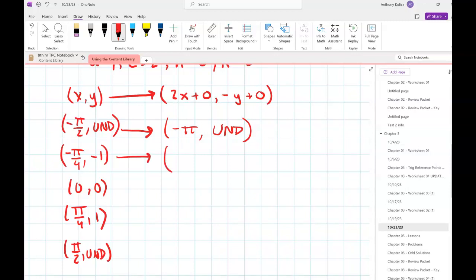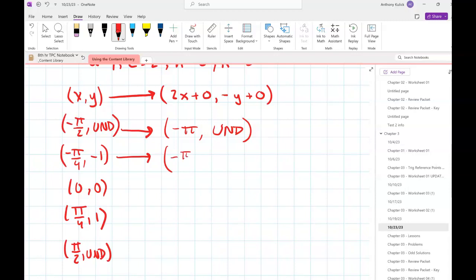So what do I get for my new x coordinate for the next point? 2 times negative pi over 4 plus 0. What's twice a quarter? 2 quarters is a half.